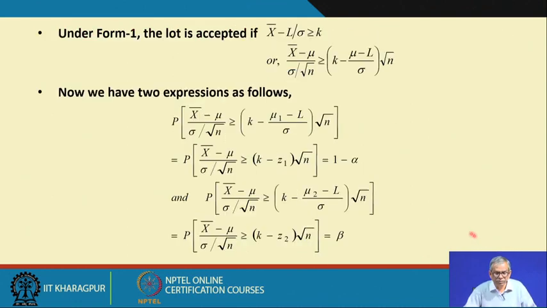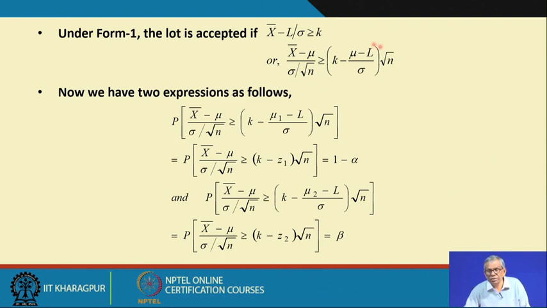Now what do you do? Under form 1, the lot is accepted if (x bar minus L) divided by sigma is greater than or equal to k. With these manipulations, you can write (x bar minus mu) by (sigma upon root n) is greater than or equal to k minus (mu minus L) by sigma, into root n.